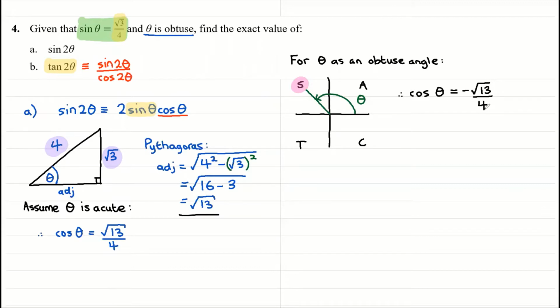Great. So now we're in a position to answer part A. So we can now say that for part A, the sine of 2 theta is, of course, going to equal, we're going to sub in some values now, 2 lots of sine theta, which is the value that's been given to us. So 2 lots of root 3 over 4.